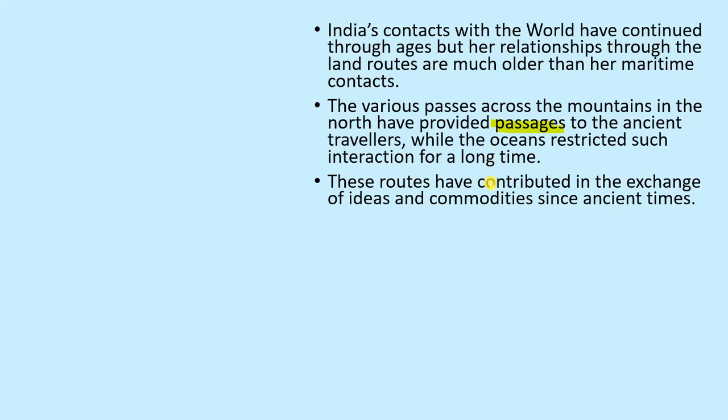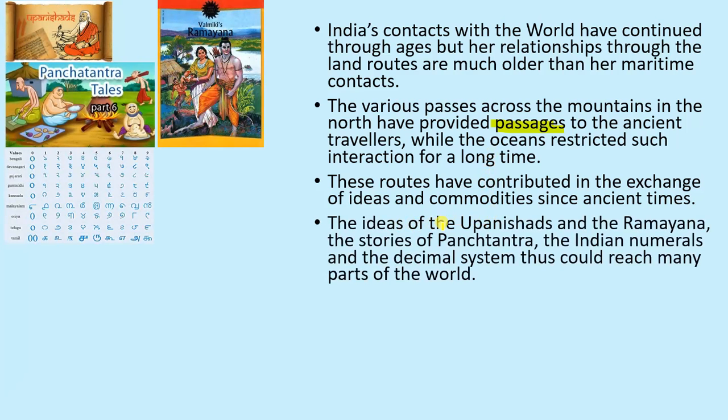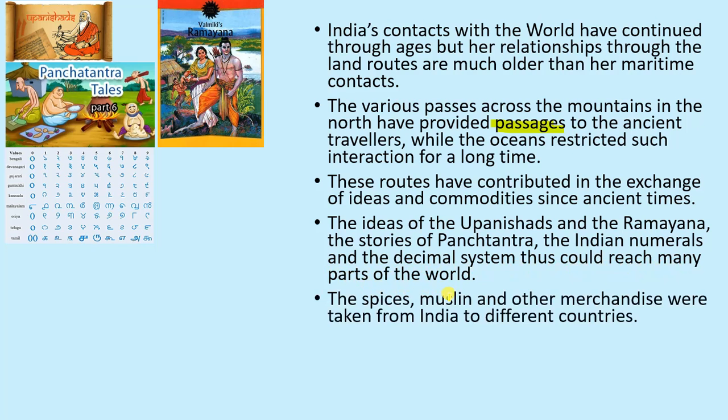The ideas of the Upanishads and Ramayana, the stories of Panchatantra, the Indian numerals, and the decimal system thus could reach many parts of the world. The spices, muslin, and other merchandise were taken from India to different countries.